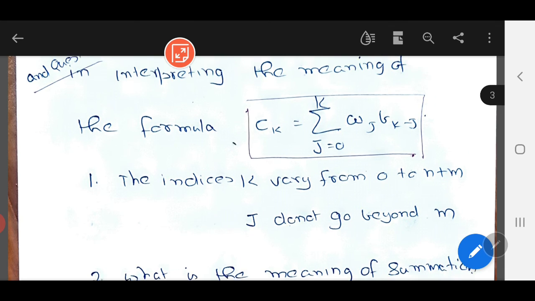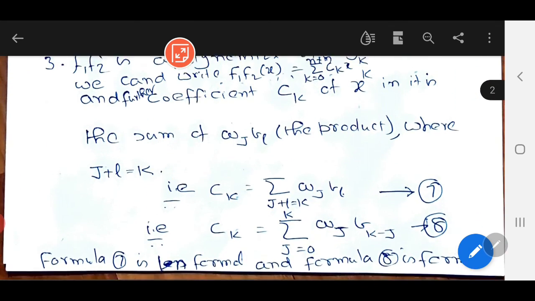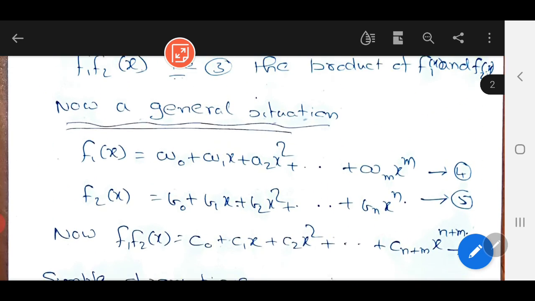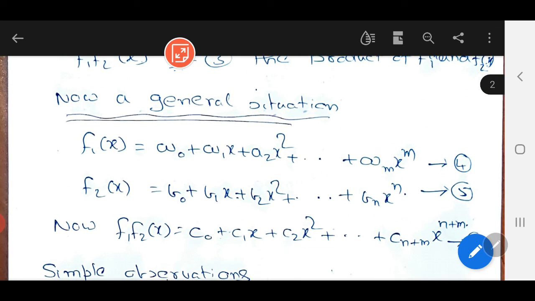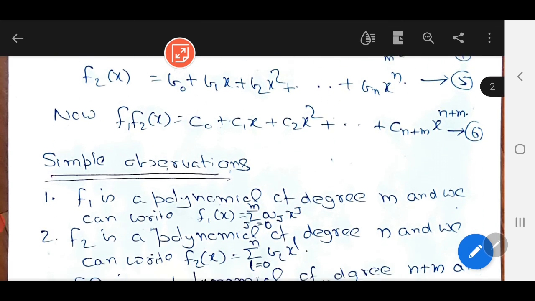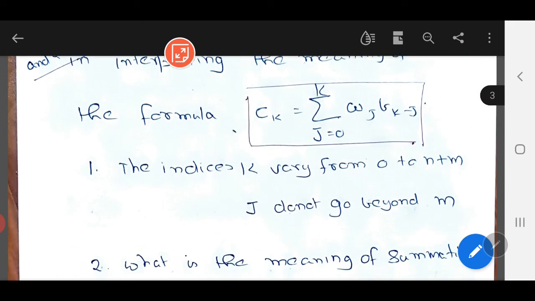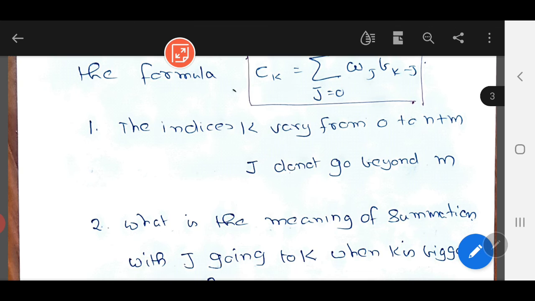This j corresponds to the first polynomial, that is a0 plus a1x plus etc. up to am x power m. So this j will not cross beyond m. Because we are only talking in terms of j, if we fix that j, it is enough.